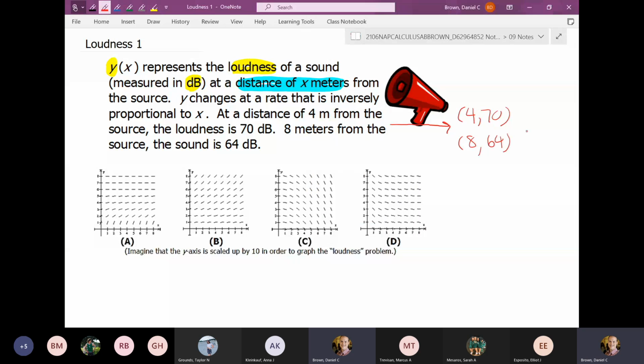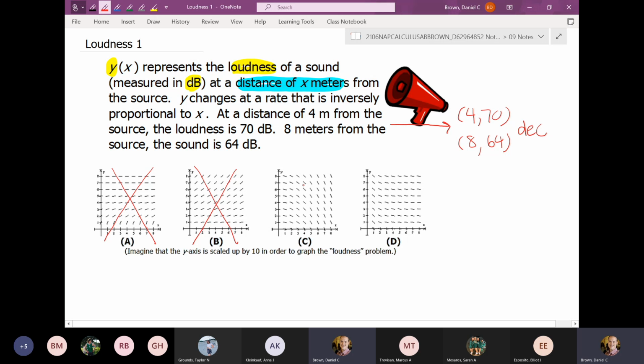Looking at this, I can see that this should be a decreasing function. So I can eliminate C and D. I can eliminate A and B. And then I just want to figure out which one is the best match. I did put a note on here: imagine the y-axis is scaled by 10 for the loudness problem.